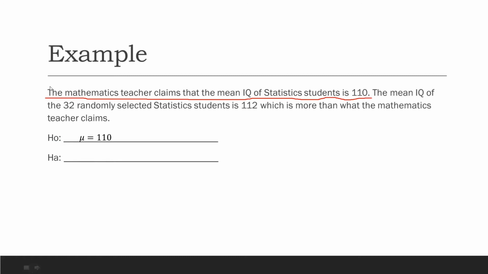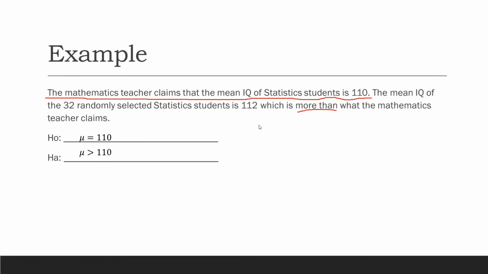And then for the alternative hypothesis, so kung makikita natin dito sa ating given, which is more than, so the symbol is greater than. So therefore, the alternative hypothesis is mean is greater than 110.